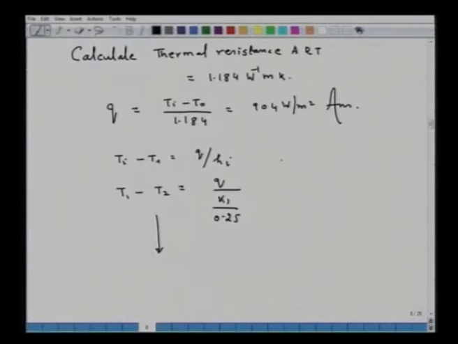So you will get the temperature T1 equal to 1135 Kelvin, temperature T2 equal to 1130 Kelvin, and temperature T3 equal to 961 Kelvin. Similarly, you can calculate temperatures T4 and T5, and all these temperatures can be easily calculated, because the heat flux through each material will be the same.